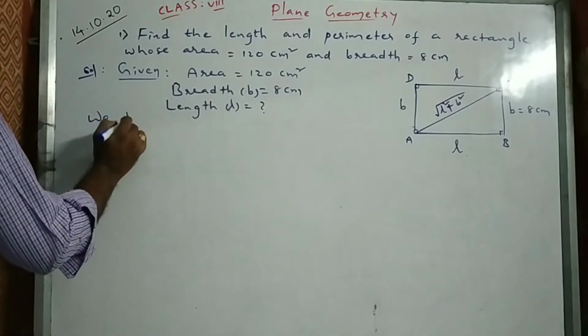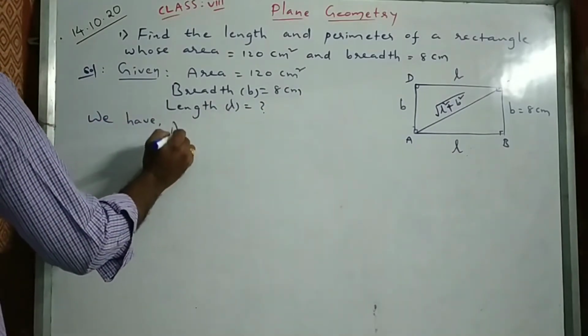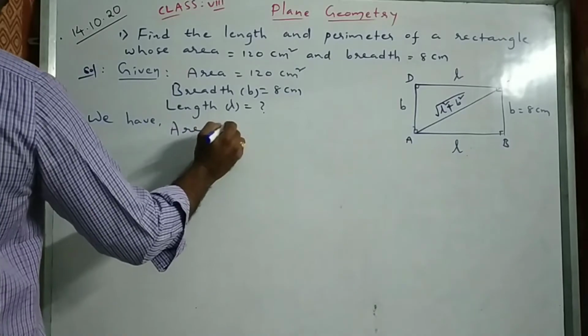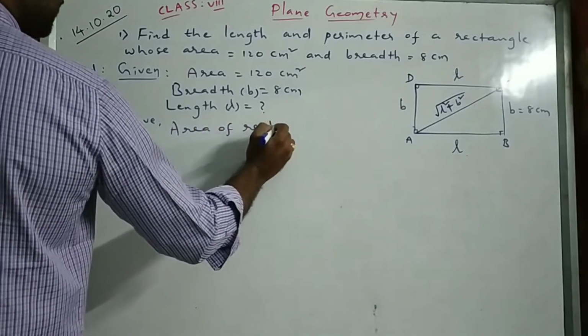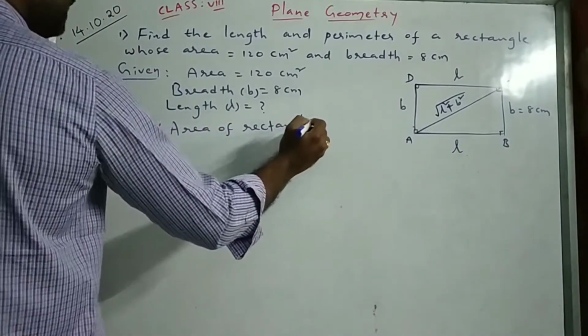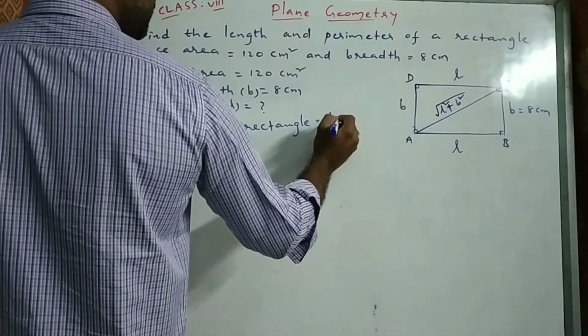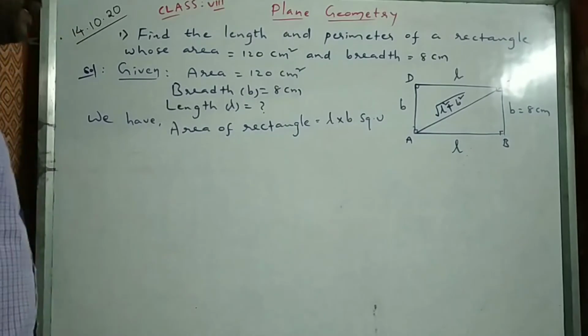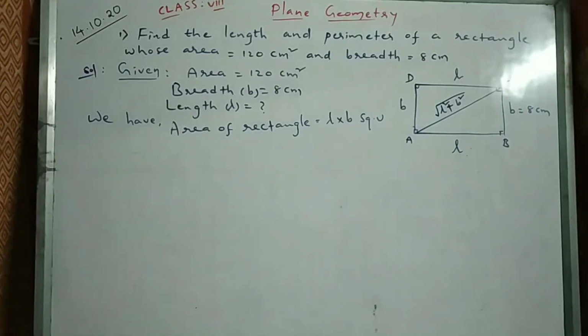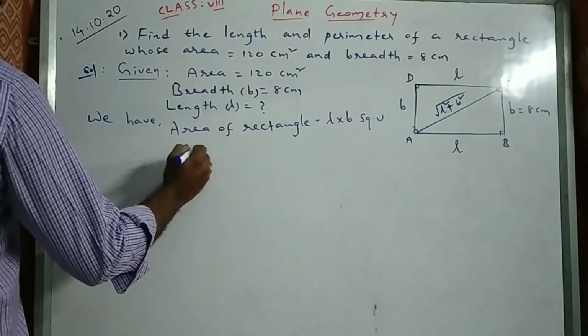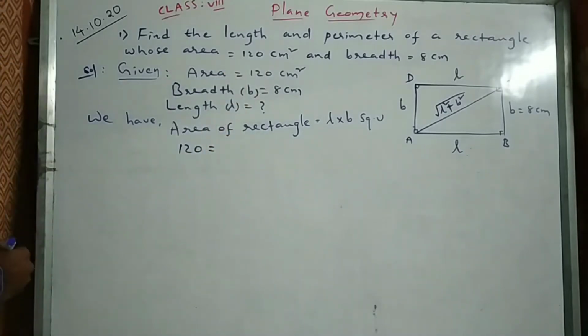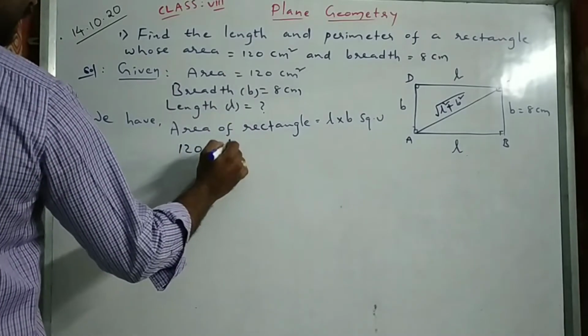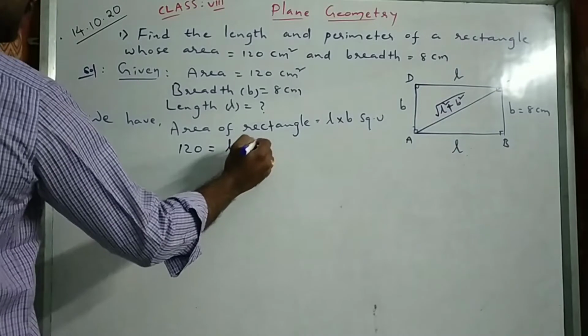We have, what is the area of rectangle formula? Area of rectangle is equal to length into breadth, square units. What is area here given in the problem? 120 is equal to length into breadth, which is 8.